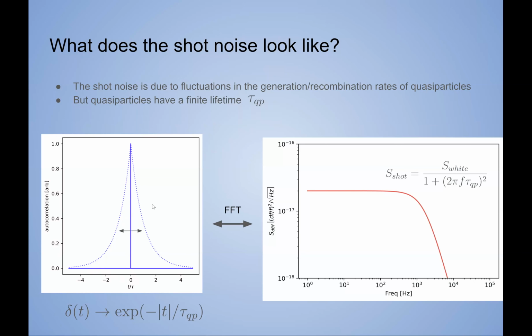And what that's going to do is remove high frequency information above the quasiparticle recombination rate. So at about 1/tau QP, you start rolling off, just because you need every infinitely high frequency sine wave to make a delta function, but to make this more smooth looking thing, you only need some of the lower frequency ones.